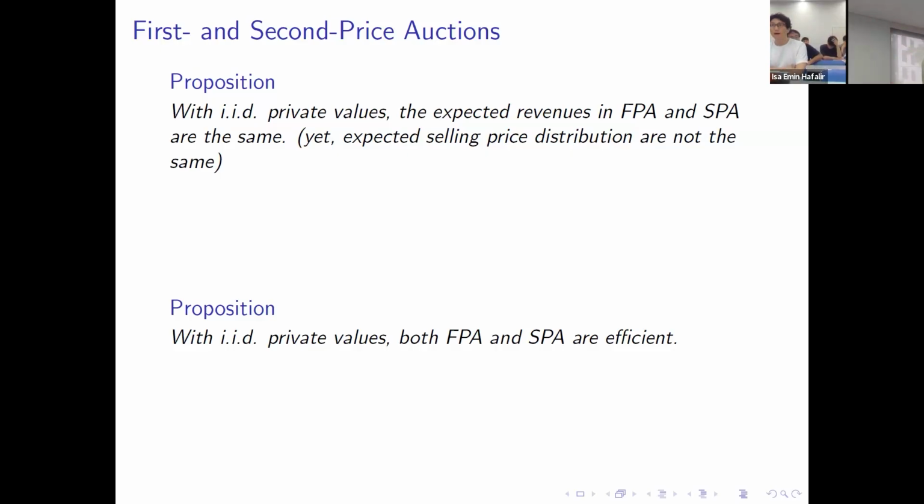Okay, so the proposition is: the distribution of equilibrium prices in a second price auction is a mean preserving spread of that in a first price auction, and therefore a risk averse seller prefers FPA over SPA.